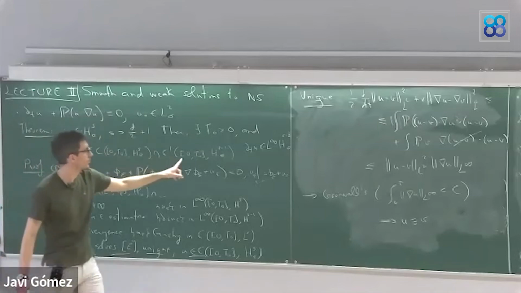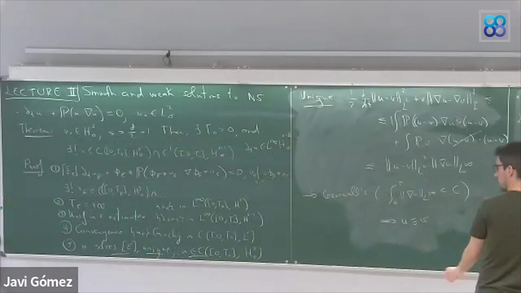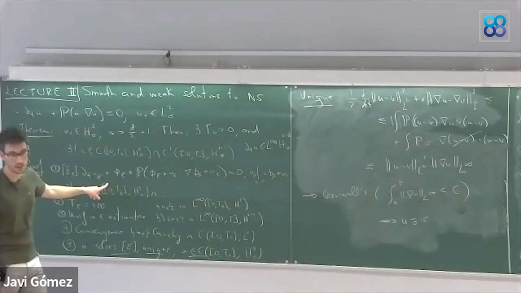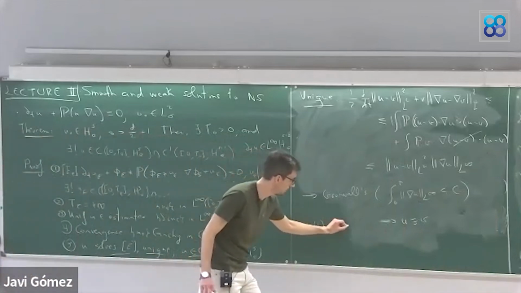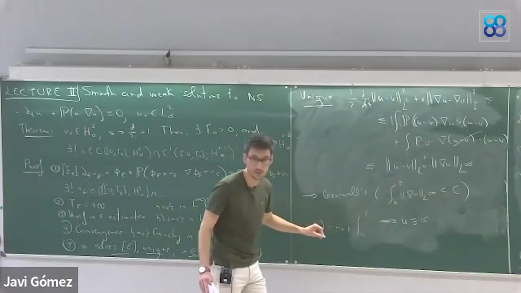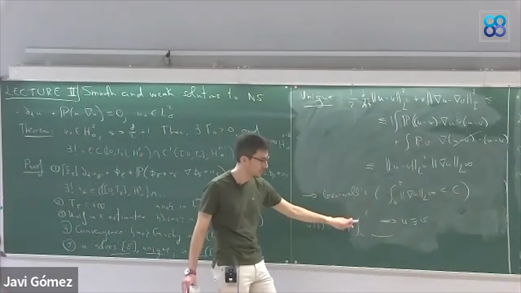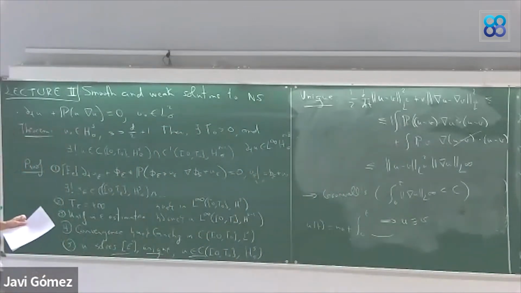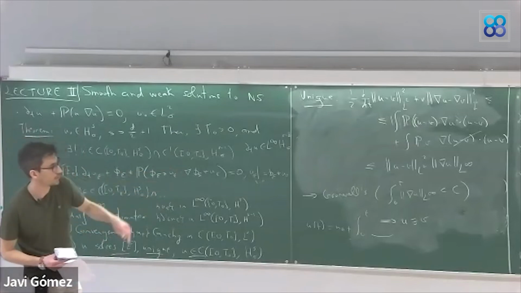The continuity is obtained, I guess you have to work a little, from the Duhamel formulation. Write this in integral form, and then you have the expression for u_t, u0 plus the integral from 0 to t. Then use the regularity that you have for all the other things, and with the time integral you obtain continuity. Yeah, I think that's it, assuming the weak continuity that I also didn't prove.